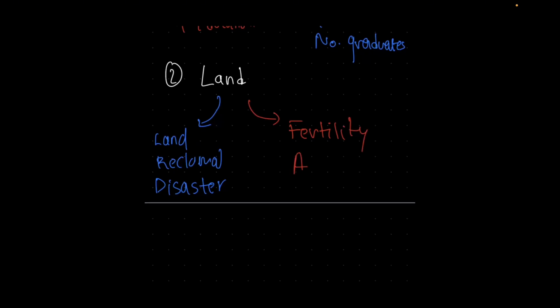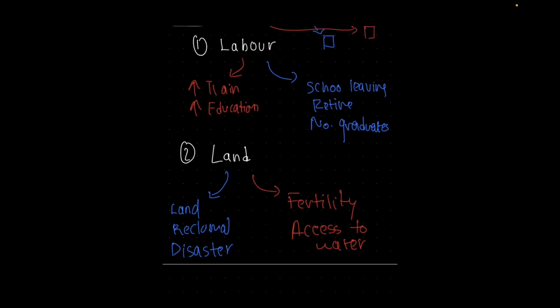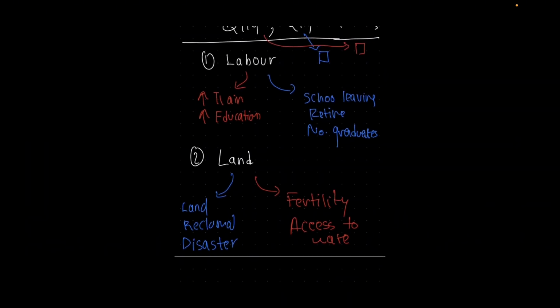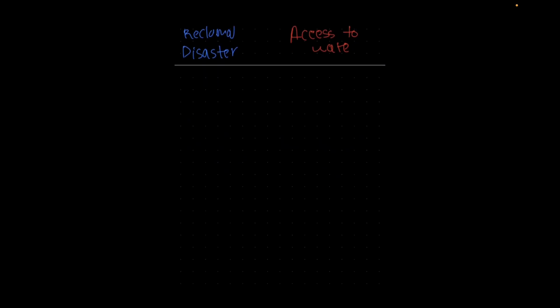Then the access to water perhaps could also affect the quality. The quality is usually used in cases of agriculture, as I said.